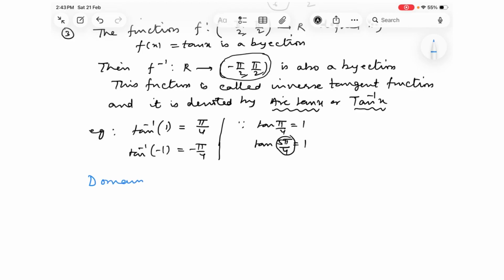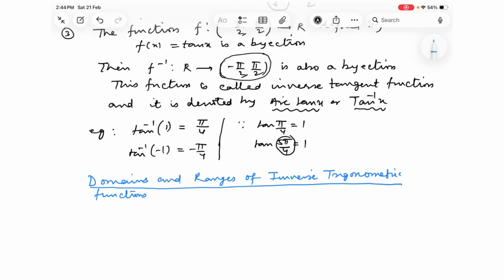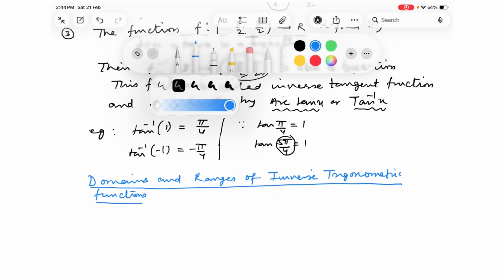Now let us write domains and ranges of all 6 inverse trigonometric functions.